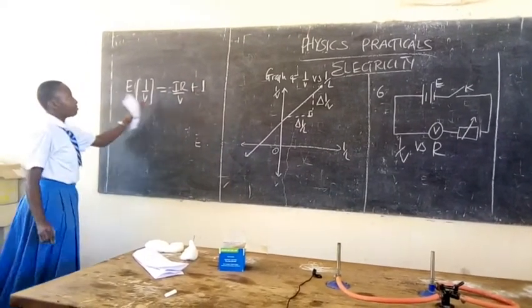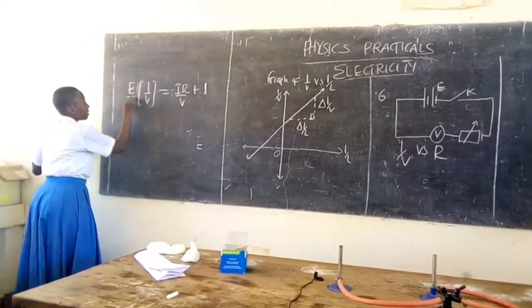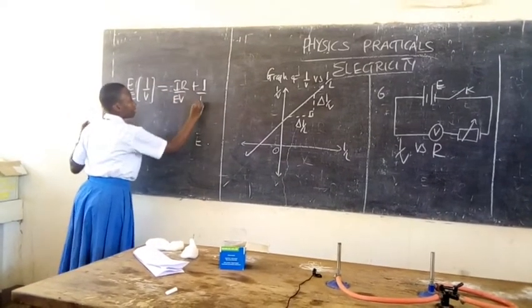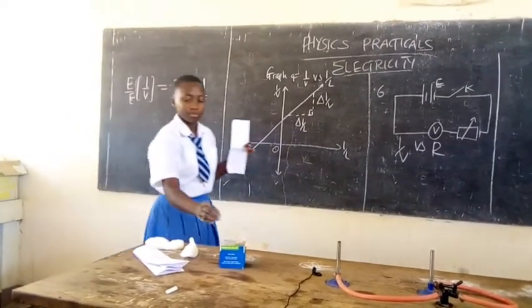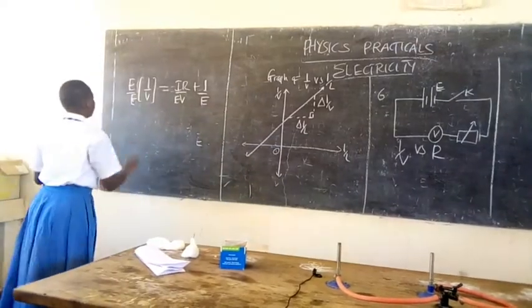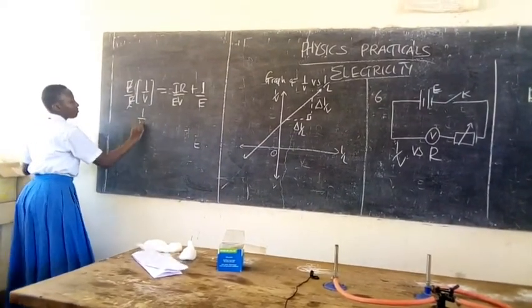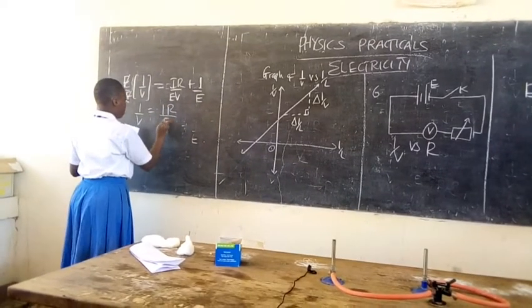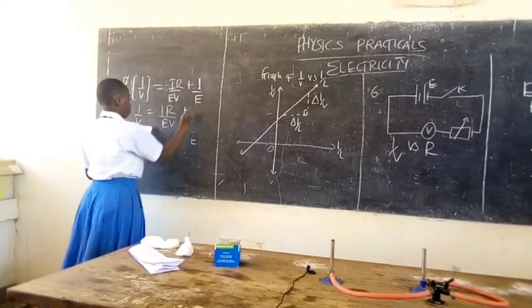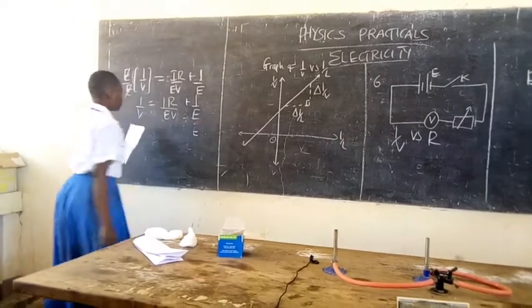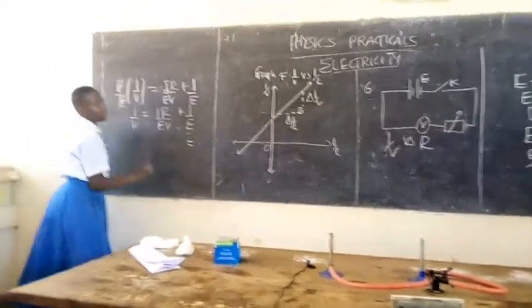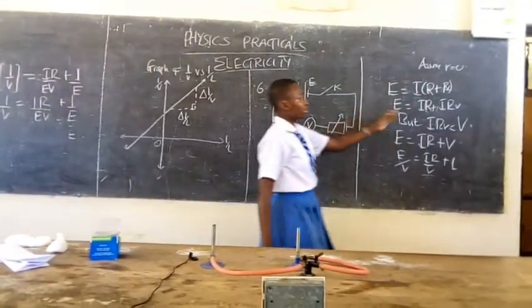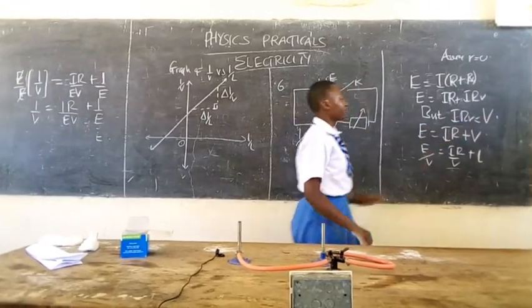We divide by E both sides. Then 1 over V equals R over E plus 1 over V. But from here, we say V equals I RV.